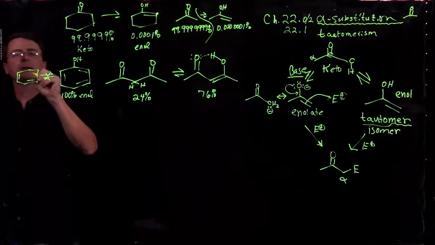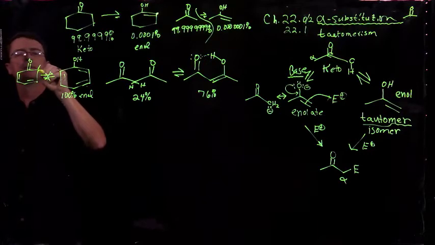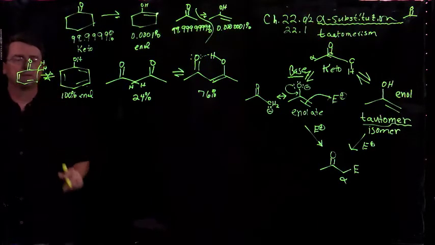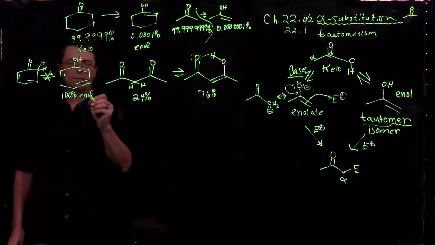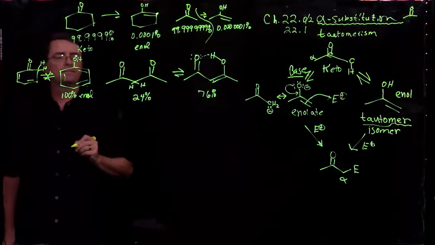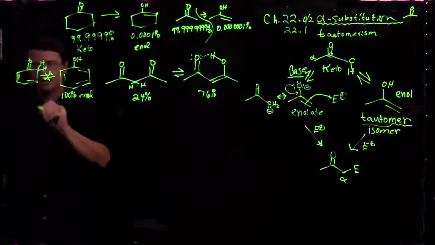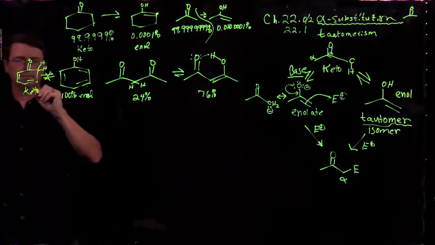We can make this as an intermediate, but it will almost instantaneously convert to the enol form. Okay, and this would have been the keto form.